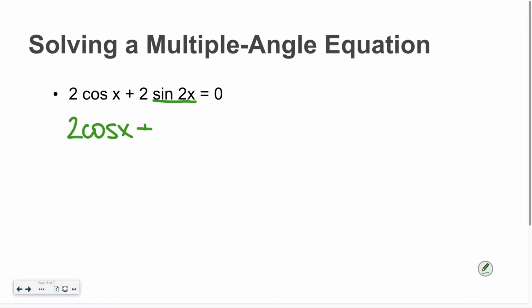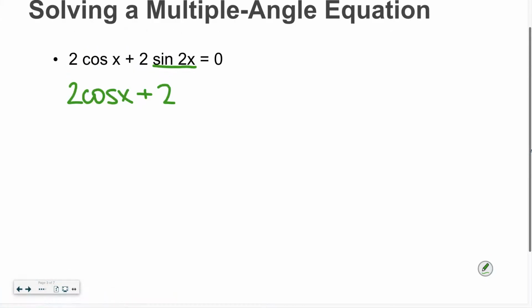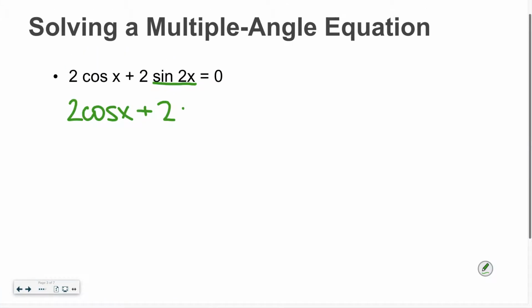Okay, so instead of sine of 2x, using your formula, we know that the sine of 2x is the same as 2 sine x cosine x. Okay, well what did that do for us? Now we have all of the same angle, and now we have a GCF, don't we?